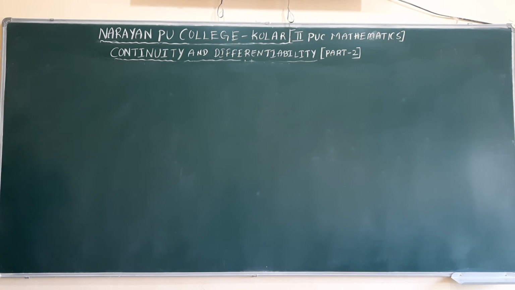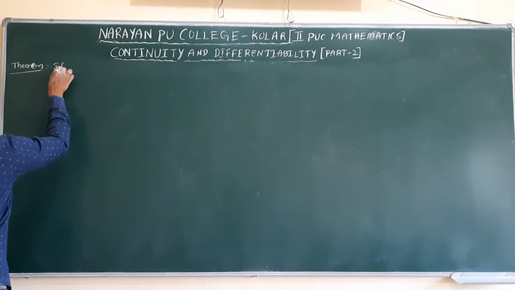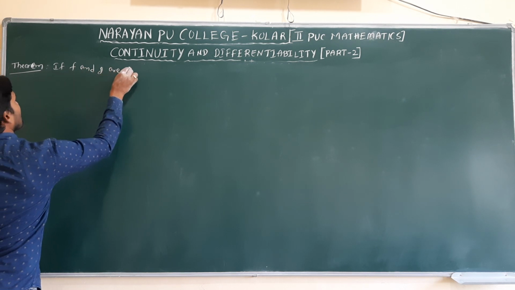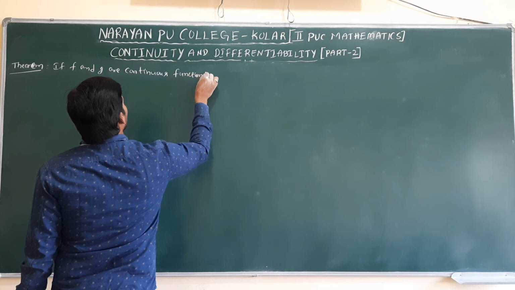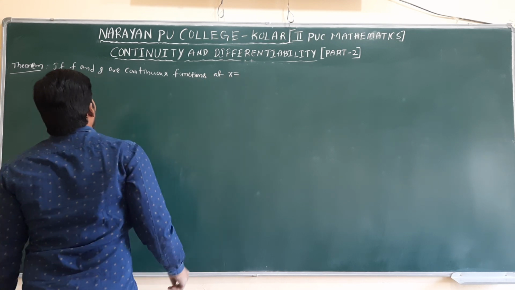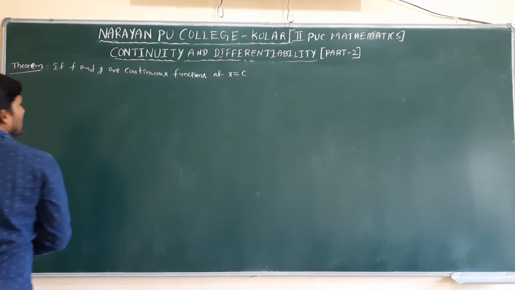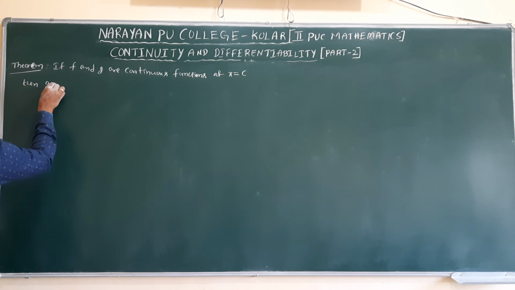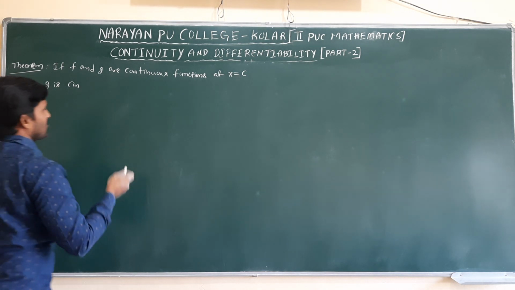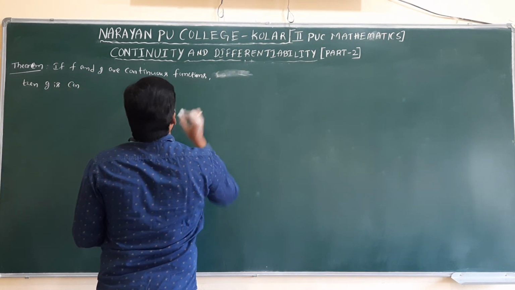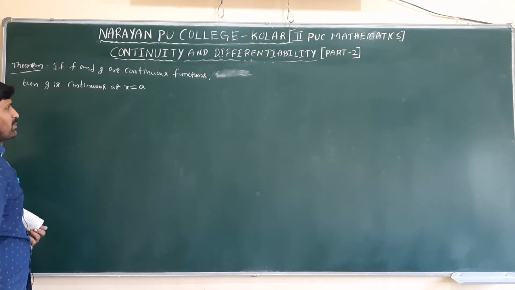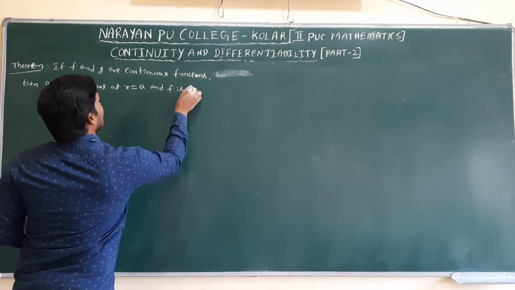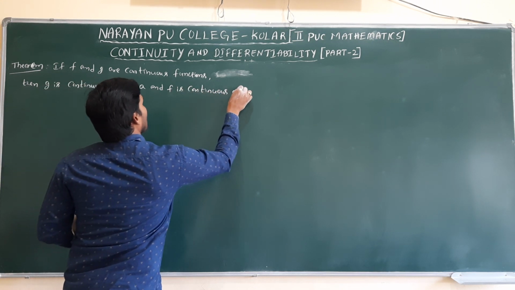Next, before going to the next example, there is a theorem. The theorem is: if f and g are continuous functions at x equal to c, then g is continuous at x equal to a or c, no problem, and f is continuous at g of c.